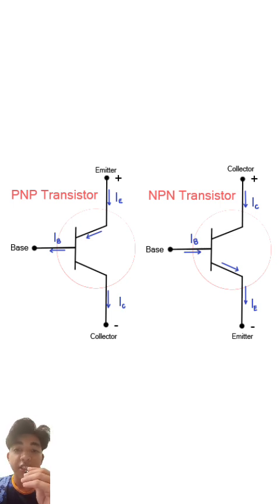Under these conditions, a small base current allows a larger current to flow from the collector to emitter in NPN or emitter to collector in PNP. Thus, the base terminal effectively controls the current flowing through the other two terminals, making the BJT a current control device.